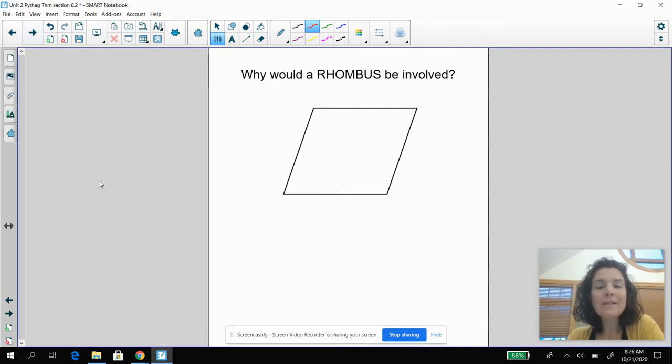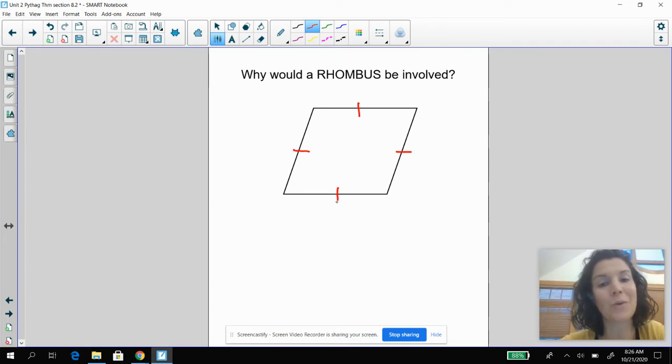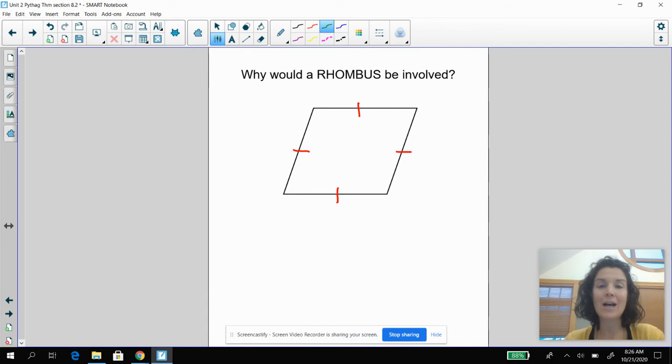So a rhombus is involved in our work with the Pythagorean theorem because there are right triangles within a rhombus. So this is an important thing about a rhombus. Now remember, a rhombus is, I like to call it a sad square. So it is a quadrilateral where all 4 sides are congruent to each other, but the angles are not necessarily 90 degrees the way they are in a square.